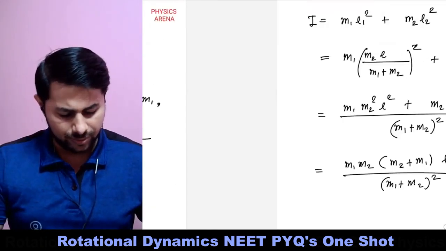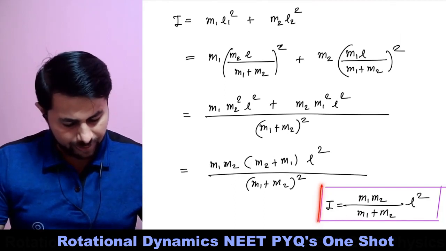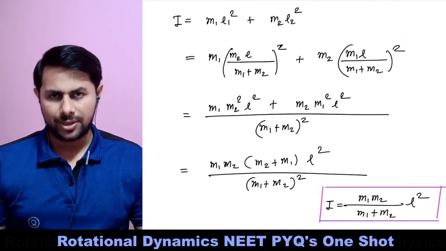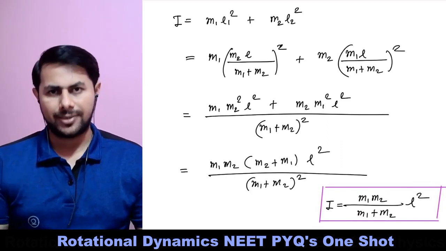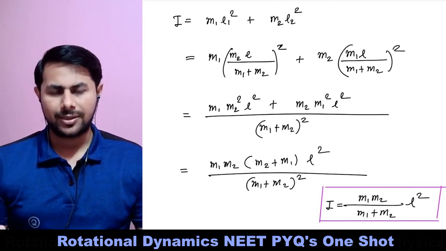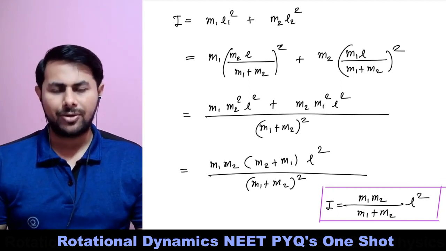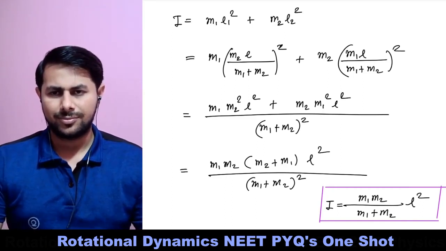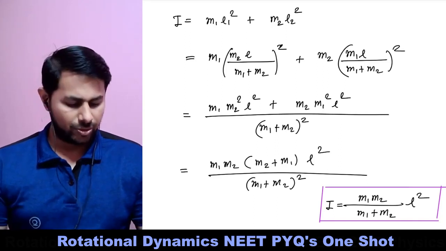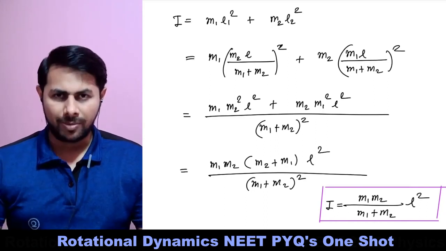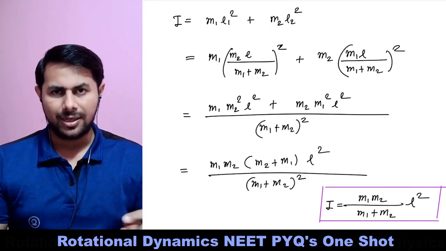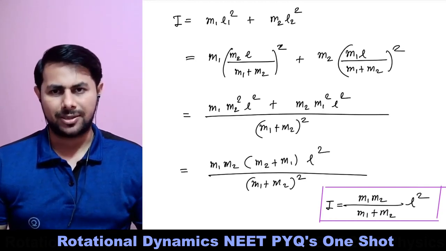Okay. And now, see, we will memorize this formula also. This is the moment of inertia of two masses about an axis which is perpendicular to the line joining the two masses and which passes through the center of mass.